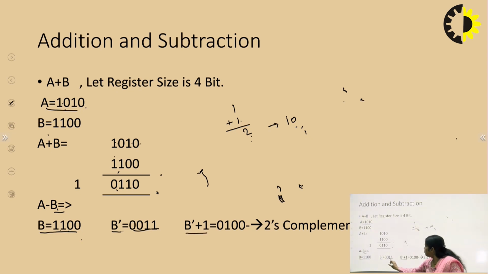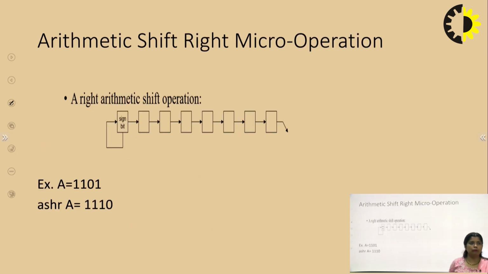So, 0, 0, 1, 1 plus 1 gives 0, 1, 0, 0, which is considered the 2's complement of B, and this is used when we compute A minus B. So, B complement plus 1 is the 2's complement of B.